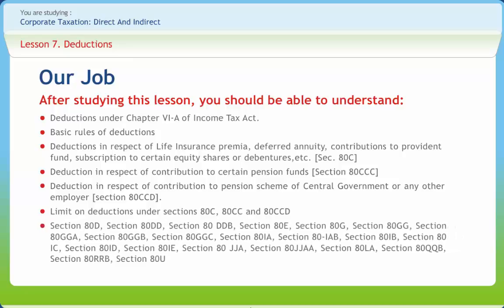Section 80D, Section 80DD, Section 80DDB, Section 80E, Section 80G, Section 80GG, Section 80GGA, Section 80GGB, Section 80GGC, Section 80IA, Section 80IAB, Section 80IB, Section 80IC, Section 80ID, Section 80IE, Section 80JJA, Section 80JJAA, Section 80LA, Section 80QQB, Section 80RRB, and Section 80U.